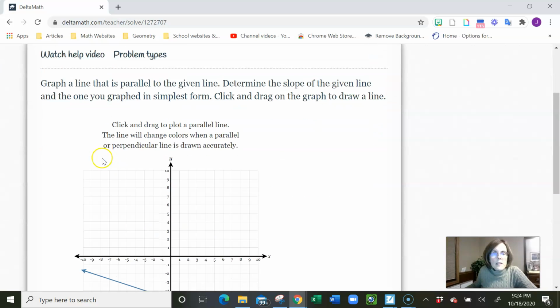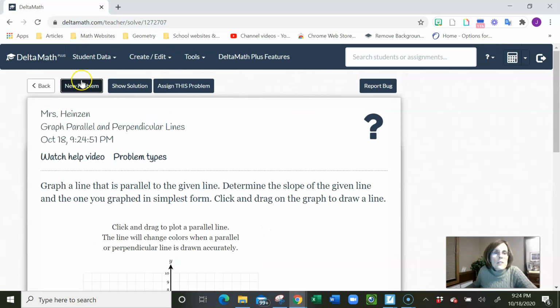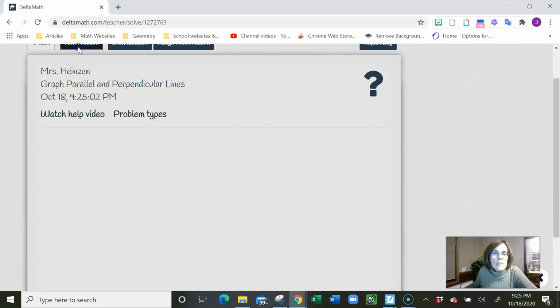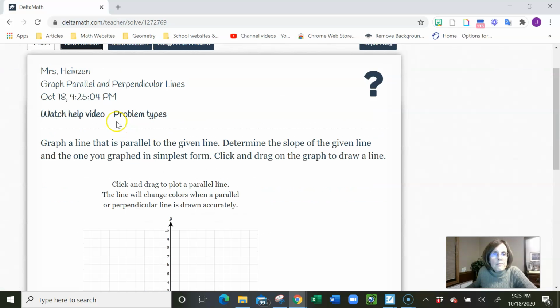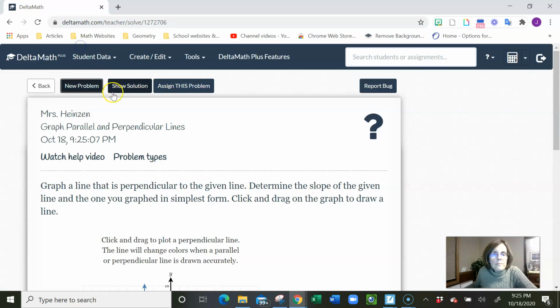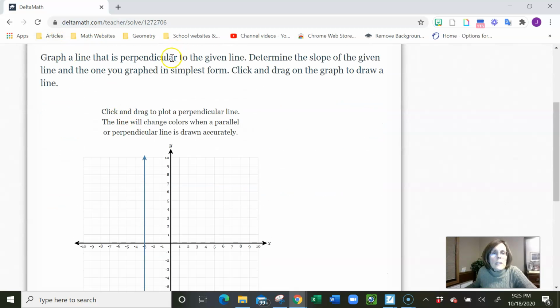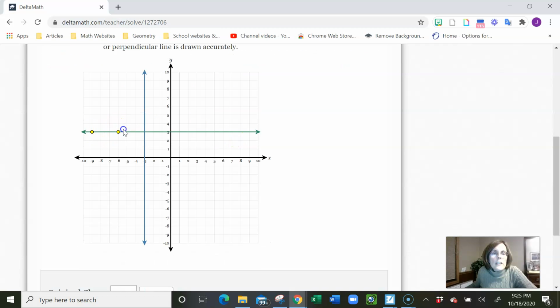There will be some where your lines are either horizontal or vertical. And let me see if I can quickly find one. Here we go. They're wanting a line that's perpendicular. So perpendicular, I could just draw a line like this.